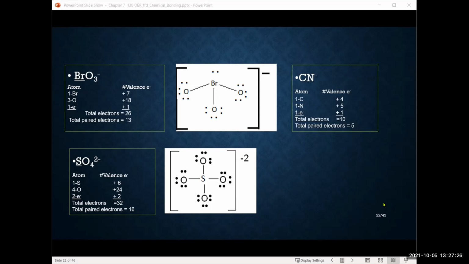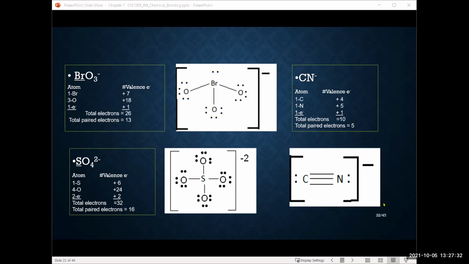Again, here, neither one is a central atom. Carbon, nitrogen is only 2. So either one you pick is fine. You should end up with this particular structure with a lone pair on both, 1 on carbon and 1 on nitrogen. Its structure here would basically be AB2. Both of them, it's linear. Anytime you have 2 species together, you got a linear species.